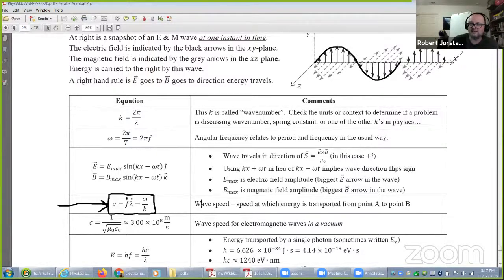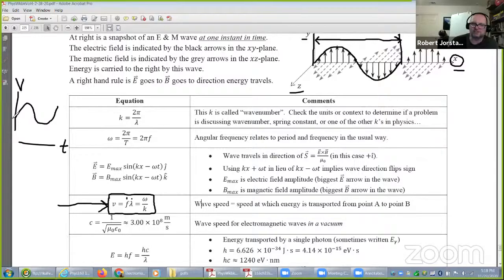Notice in this case, this is x. That means this distance that I'm outlining on this picture up here is the length of a wave. So this is now a wavelength, not a period of the wave. Because this picture is showing spatial dimensions, x, y, and z, we're talking about wavelengths, not periods. When we did our lab last week, there were all these waves on the screen, and the x-axis was time, and the vertical axis was voltage.